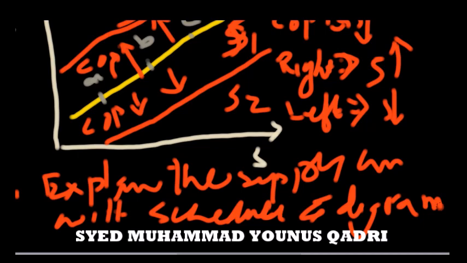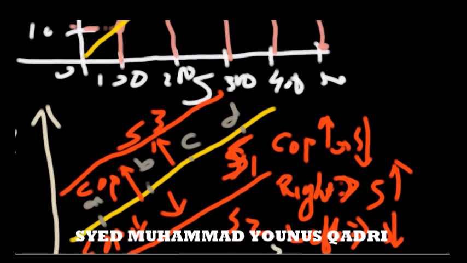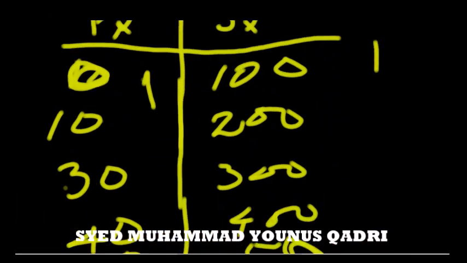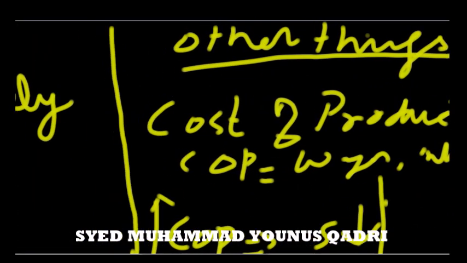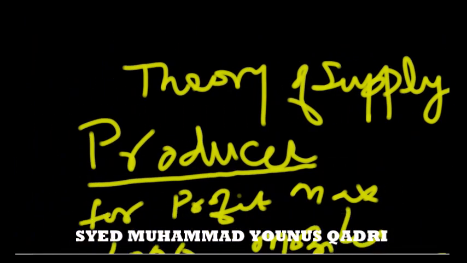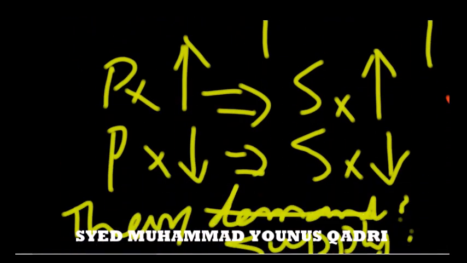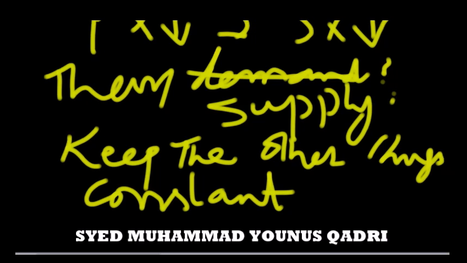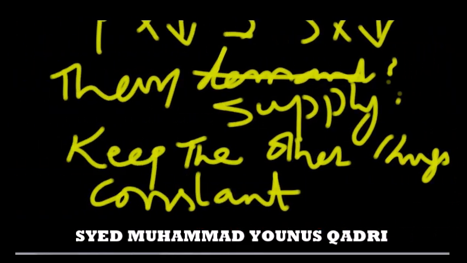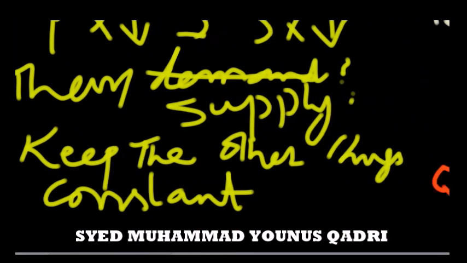Explain the supply is a long question, not at all a short question. A short question will be the difference between stock and supply. What is the difference between stock and supply?